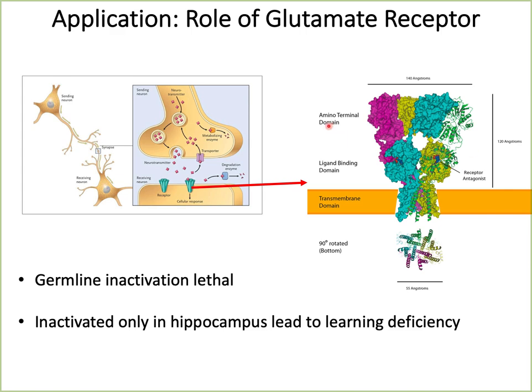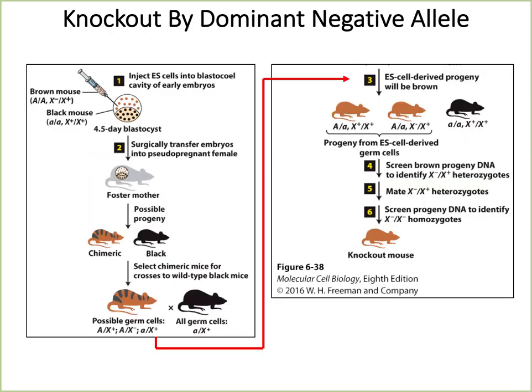You do not need to know the domains or anything like that. This is just an overview, to reinforce the take-home message. So basically what happened was that when, tissue specifically in the hippocampus in the brain, this glutamate receptor was inactivated, it led to learning deficiency. So this was the advantage of the tissue-specific knockout of a certain gene function.